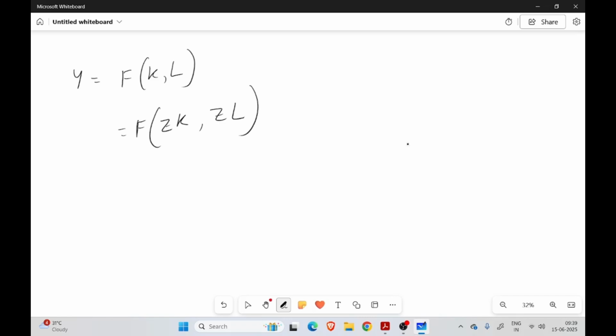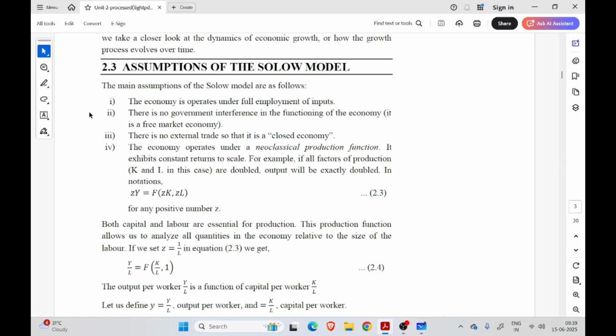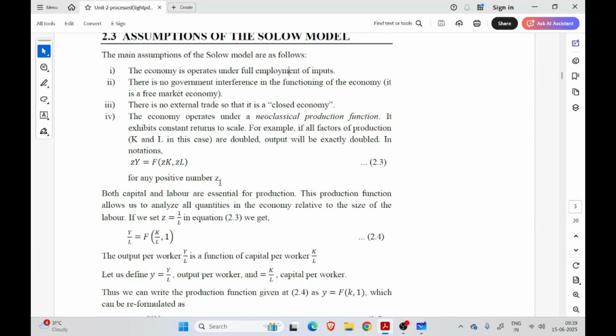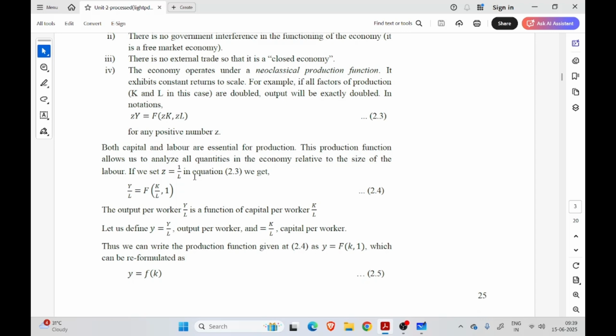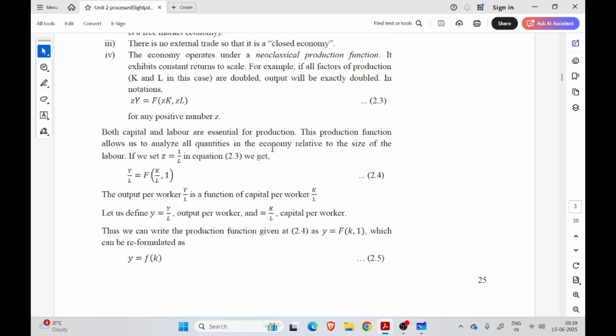When you increase both inputs z times, constant returns to scale tells us that it should increase the output by z times as well. If all factors of production are doubled, output will be exactly doubled, for any positive number z. Both capital and labor are essential for production.